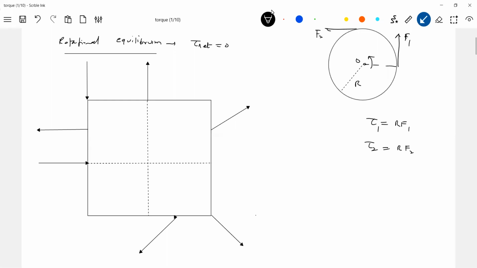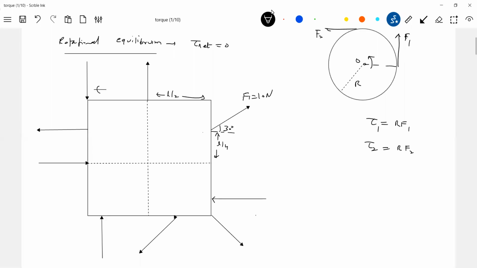Intersecting the x-axis, y-axis. These are the several forces I'm calling. So let me take this as F1, 10 Newton, acting at an angle of 30 degrees, at a distance of L by 4.